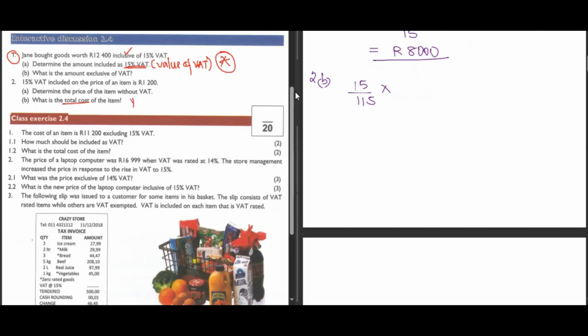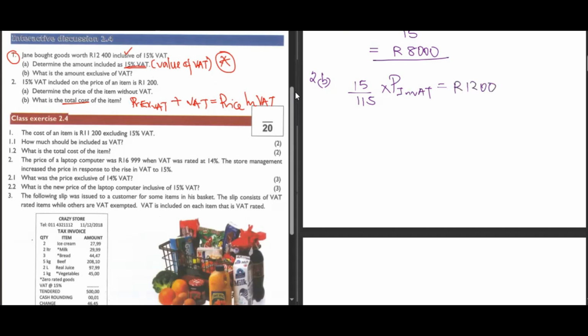The total cost is the same as price excluding VAT plus VAT, which equals price including VAT. So the price that is here has to include VAT, and we get the answer as 1,200.